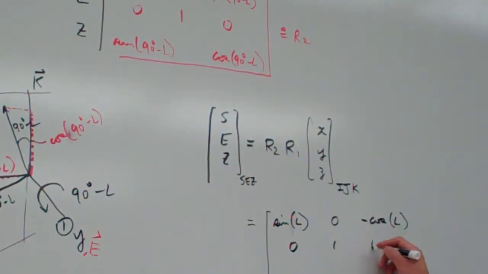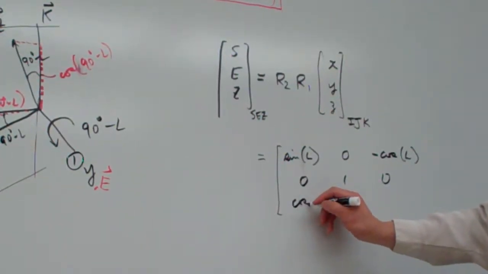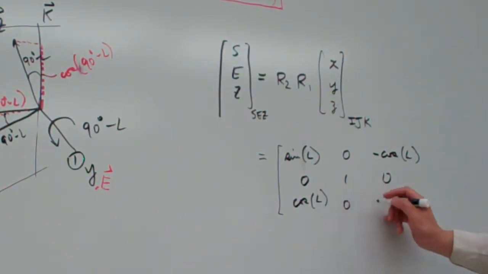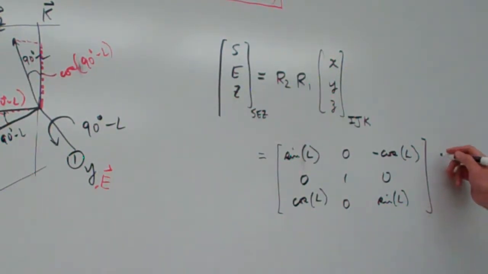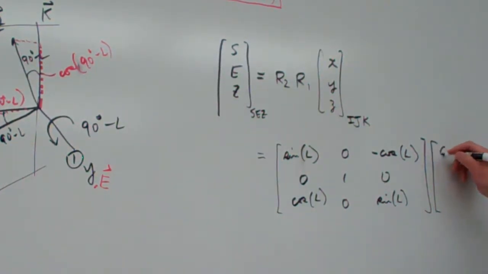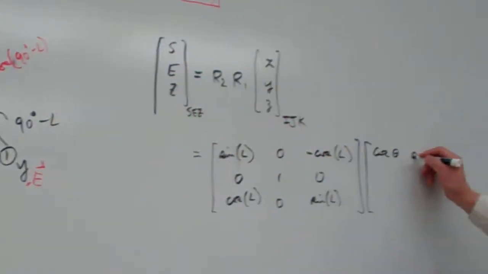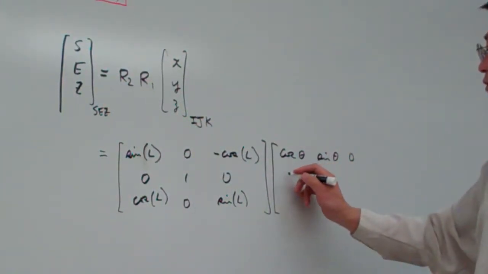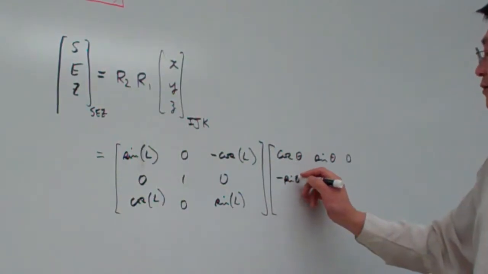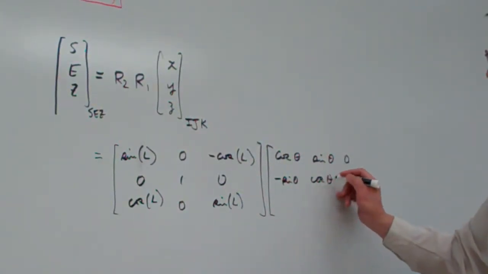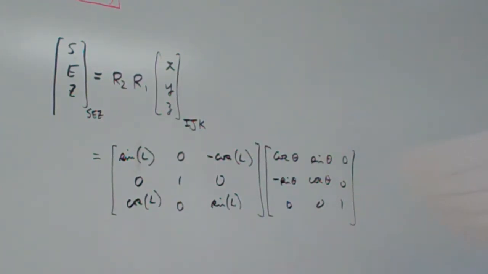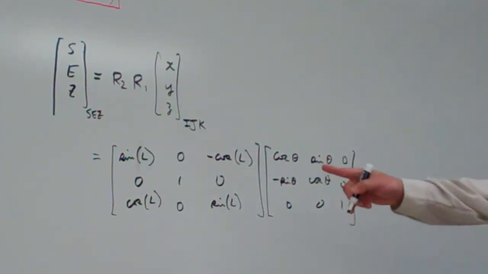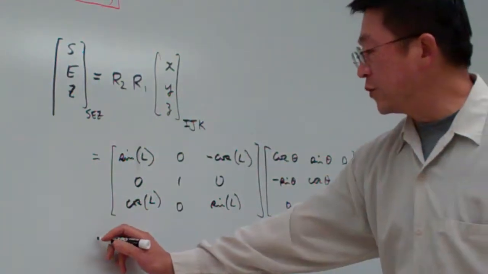And 0, 1, 0, and this is cosine L, and 0, and that becomes sine L. So this is R2, and R1 we simply copy from there: cosine theta, sine theta, 0, and minus sine theta, cosine theta, 0, 0, 0, 1. Okay? So if you implement the whole thing, that will be the big function.